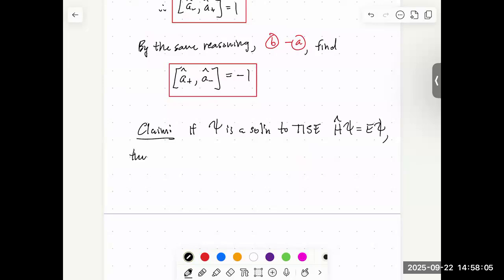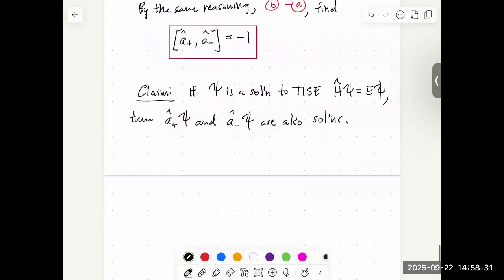Then I claim that a-plus acting on psi, it's an operator, and also a-minus acting on psi, are also solutions to the time-independent Schrodinger equation.